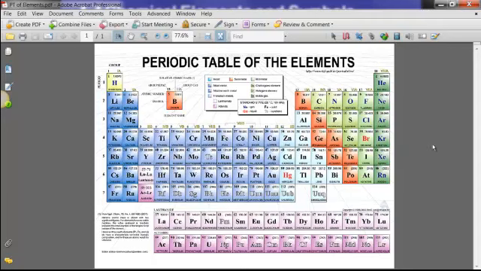The first one is a C, and it's always going to be represented as a capital C, and the L is always going to be a lowercase l, because it would get confusing if you didn't use the lowercase position for the second letter.